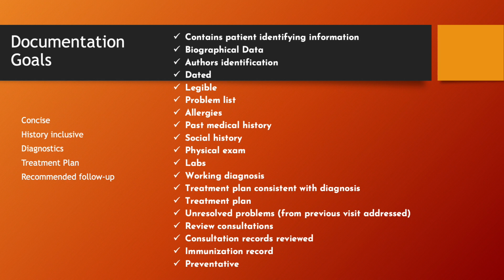So, we want to make sure when we are doing our documentation, we are very clear and concise with the information that we are putting into our patient's chart. It should include the history, diagnostics, what is our plan for that patient, and then how do we want this patient to follow up, right? What will be some of the things that this patient may need to do in the future?